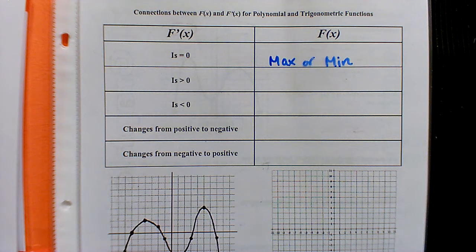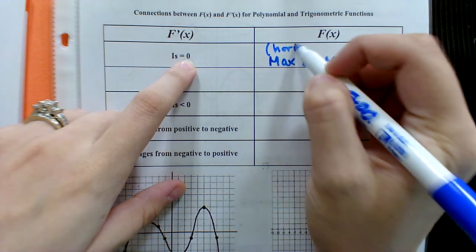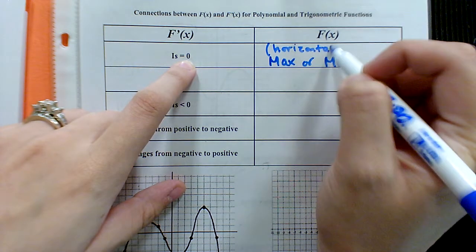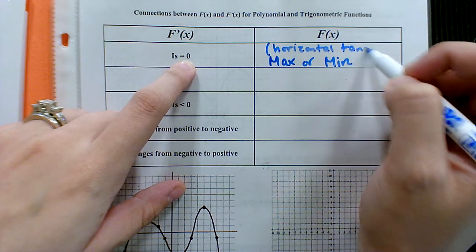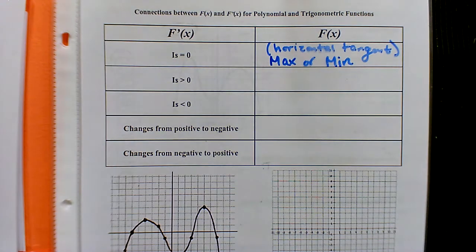We kind of explored this phrase yesterday. If you have a slope of 0, that's something else that's called a horizontal tangent. Remember that phrase yesterday? Towards the end we saw that. Horizontal tangent, flat line, slope of 0.